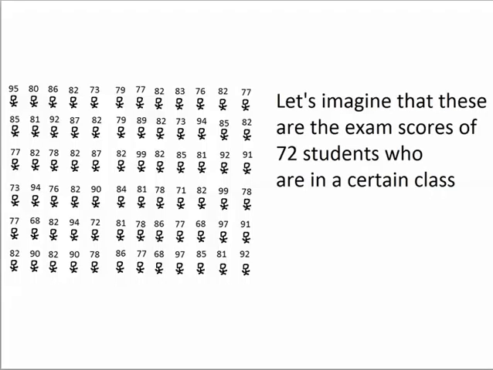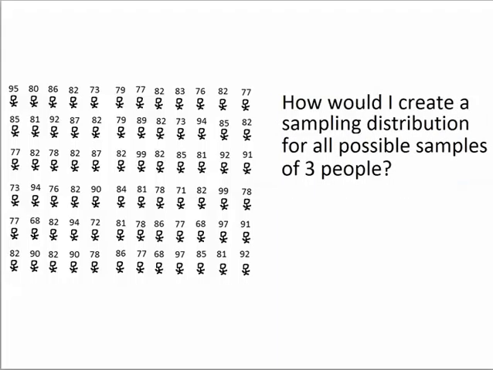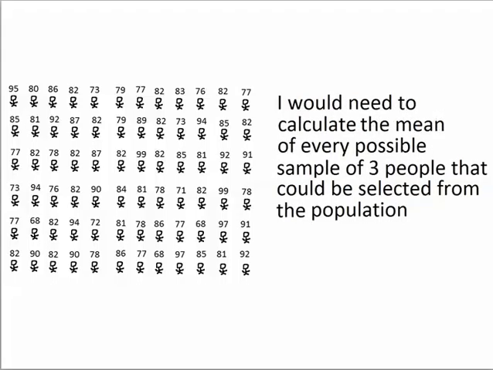So let's imagine that these are the exam scores of 72 students in a class. It's a population of 72 students, and I wanted to create a sampling distribution of all possible samples of 3 people. What I would need to do is calculate the mean of every possible sample of 3 people that could be selected from the population, meaning I would have to calculate the mean of every possible combination of 3 people that could be chosen from the population.